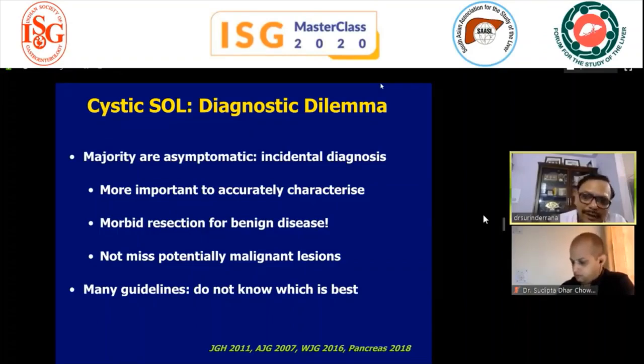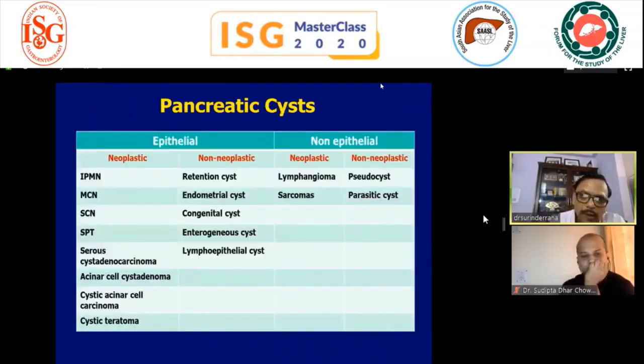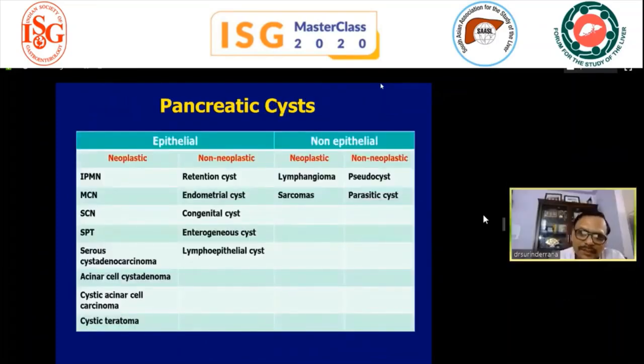And if we look at the literature, we have many guidelines, but we still don't know which is the best, which one to follow. Now let's look at the pancreatic cyst. There is a huge list, but basically it is epithelial and non-epithelial, and then we classify as neoplastic and non-neoplastic. But the majority of our exercise is to differentiate between the various neoplastic pancreatic cystic lesions.